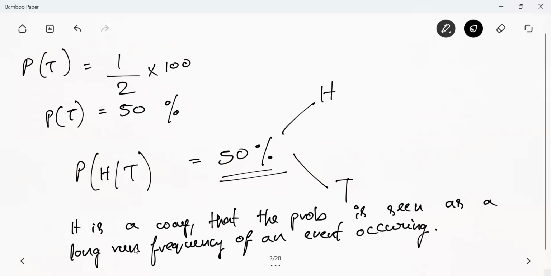So what is the meaning of this? Here in this frequentist interpretation, probability is seen as a long run frequency of an event occurring.